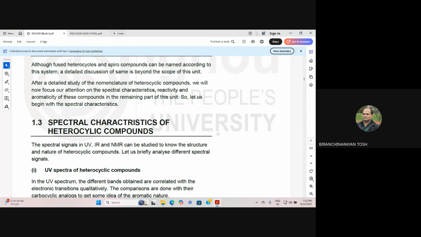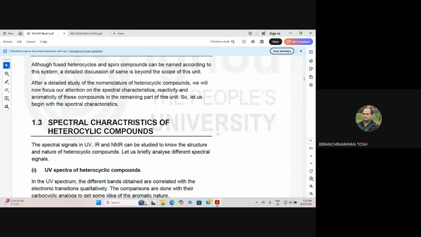And if you know the complete electromagnetic spectrum, then UV visible radiation has higher energy than infrared. NMR is a little bit different, that we'll discuss. It is spectroscopy, but here it is resonance, nuclear magnetic resonance.